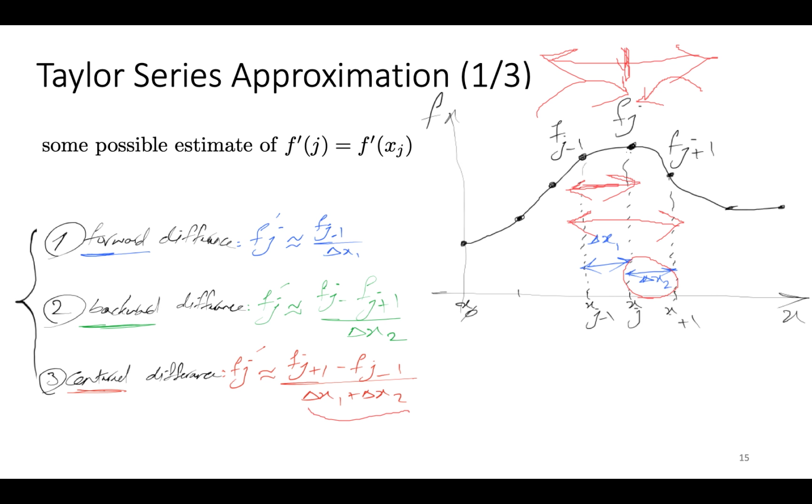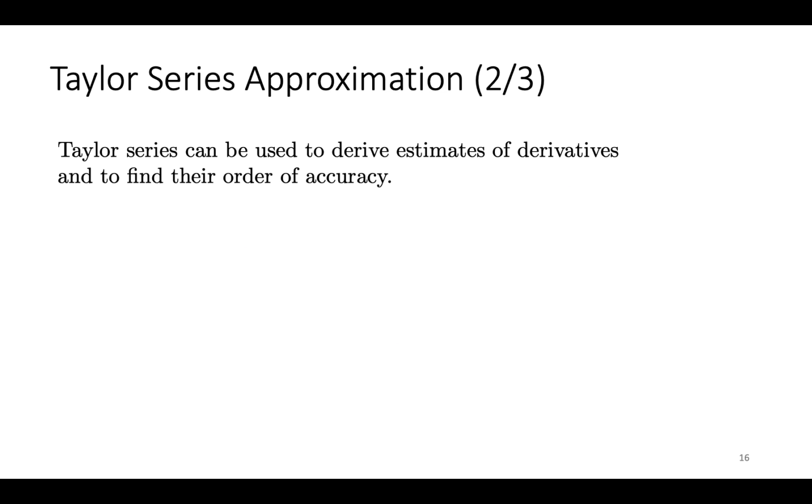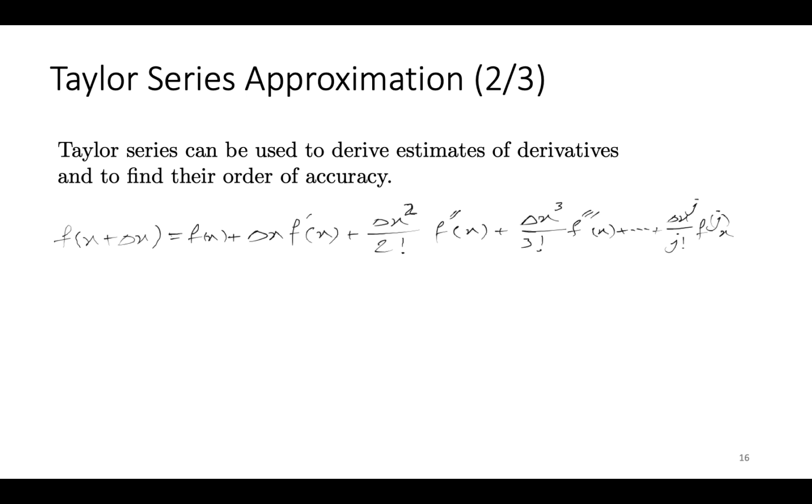Okay, so let's talk about Taylor series. We can use Taylor series to derive estimates of derivatives and find their order of accuracy. So this is, say, the vanilla Taylor series.